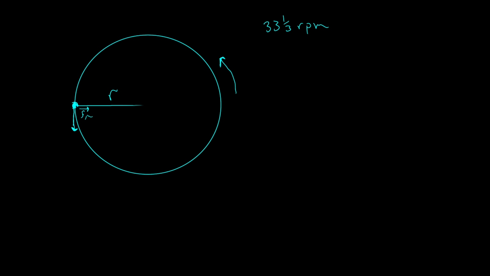What the object feels like is happening, because it sees its local environment as being unmoving, is that its inertial component wants to go this way. It wants to move in a straight line. So as it starts moving and it's turning, it has an inertial component that feels like a force.